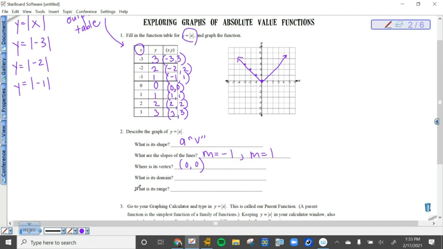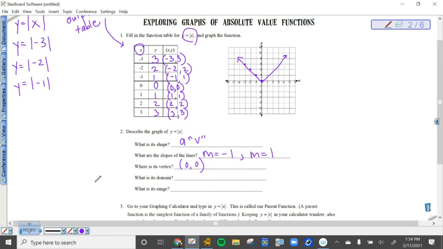Okay, and so the domain is going to be all our possible x values. So, can I put any number in for x? Yeah, I can. I can put in -552. I could put in 10,305. I could put 7. I could put -8.